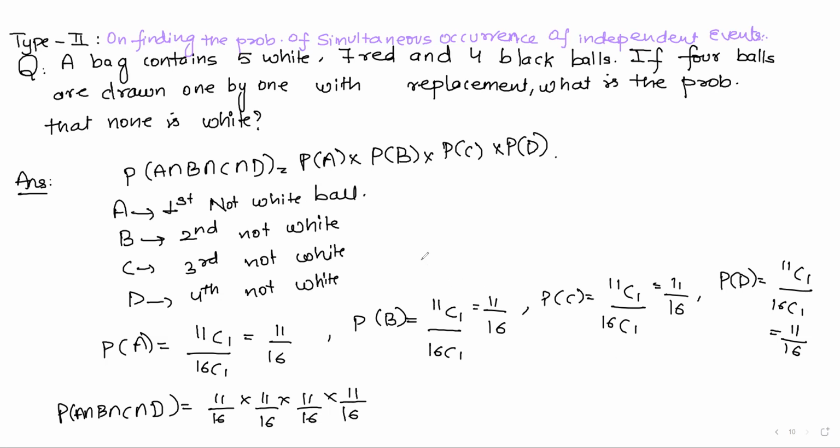Sir, shouldn't we find out P of A intersection B intersection C intersection D separately and compare the both? No, in this question, they are not asking you to check whether the events are independent or not.